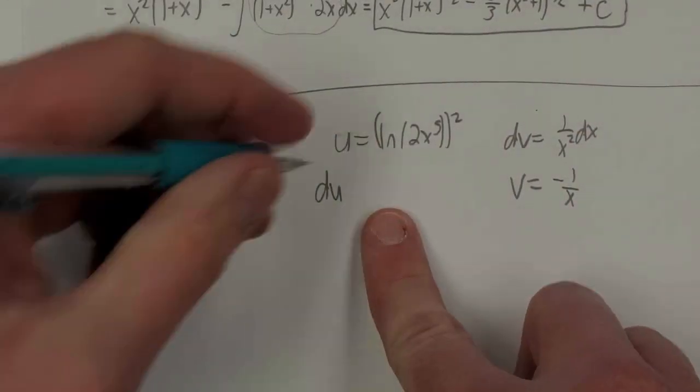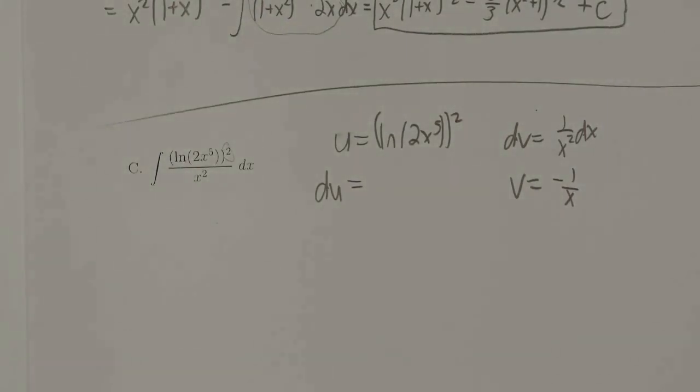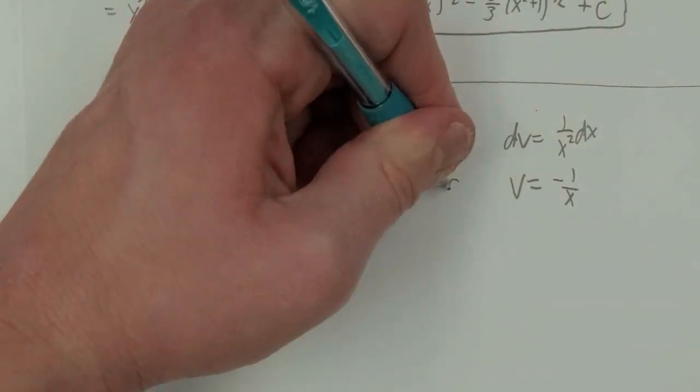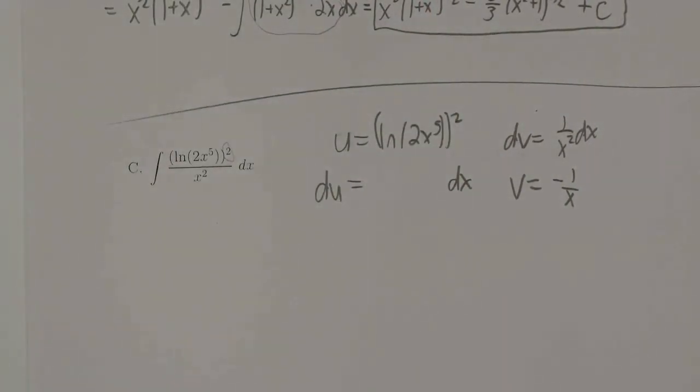But then what about du? If we apply the appropriate derivative rules on this guy, then what should we get as our form of du? So it will be something times dx.